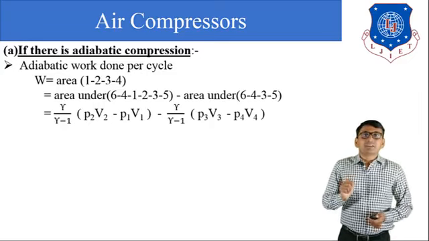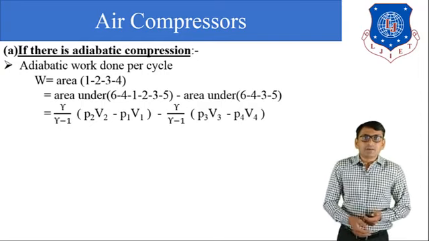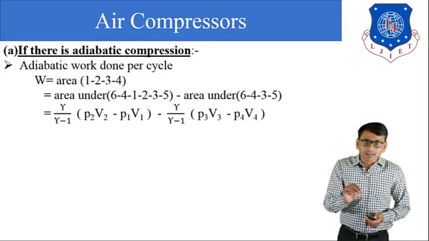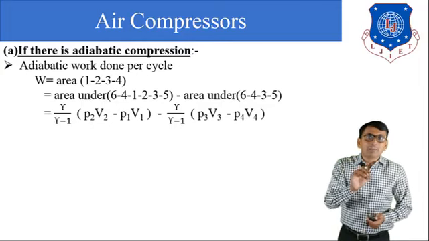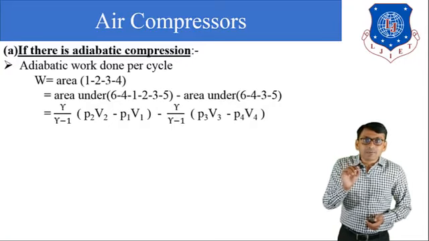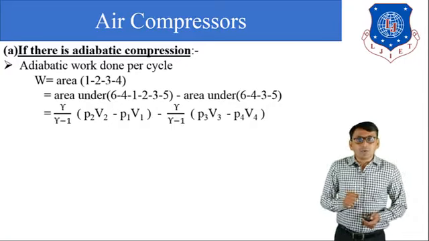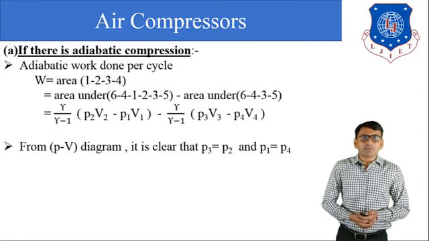Then minus area under 6-4-3-5, which is equal to gamma by gamma minus 1 into (P3 V3 minus P4 V4), for 3 and 4, P3 V3 at higher pressure minus P4 V4. Then from the PV diagram it is clear that P3 is equal to P2 and P1 is equal to P4.